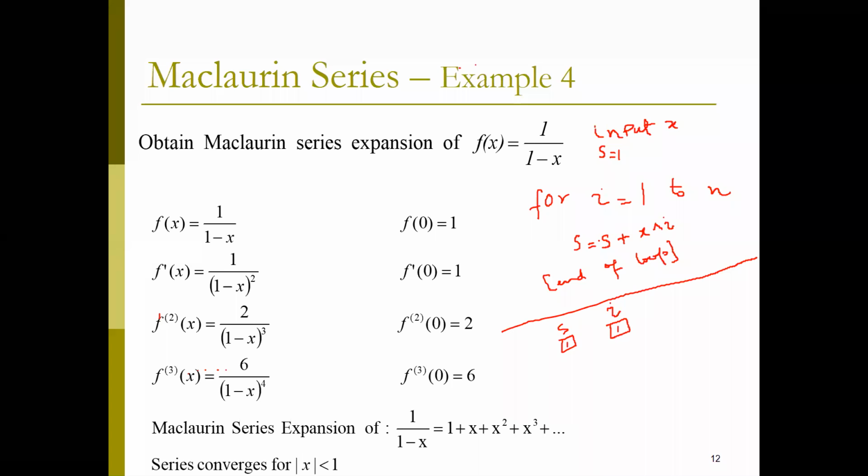What is the initial value of s? Initial value of s is 1. So if I add 1 and x, this becomes 1 plus x. And 1 plus x will be stored in s again. So the previous value of s will be removed, and the new value of s will be 1 plus x. Now at the moment I have these two terms added.